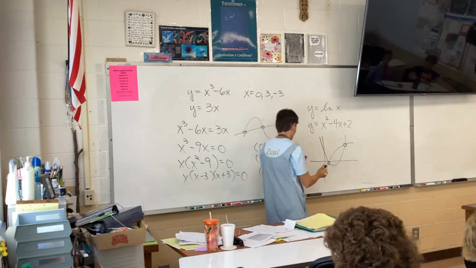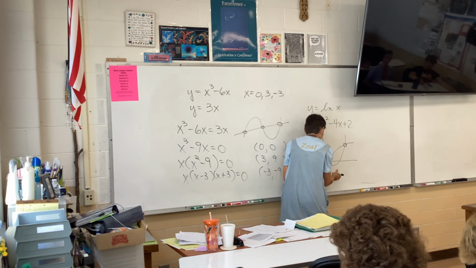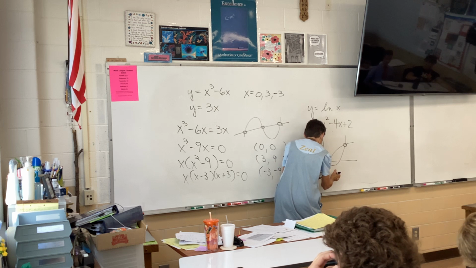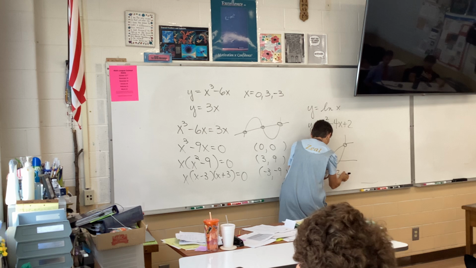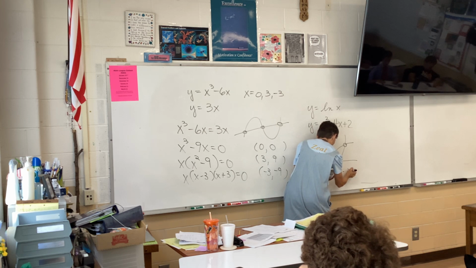Okay. Now, be careful, you need both coordinates. I got one point of intersection, 0.712, comma, negative 0.340.